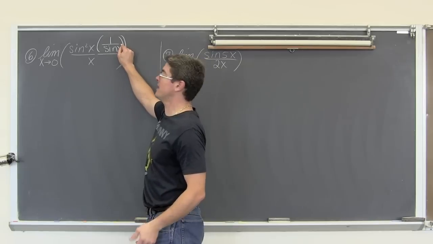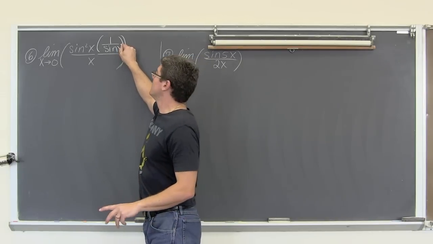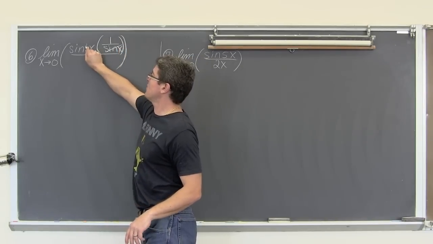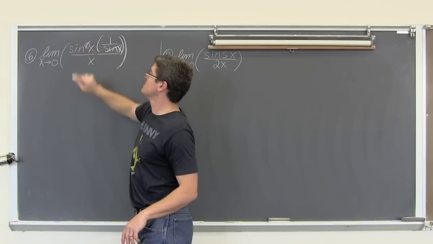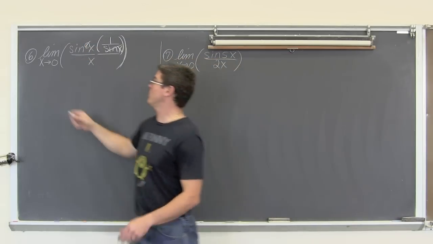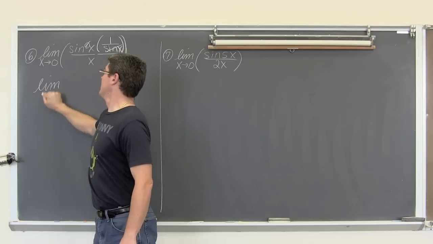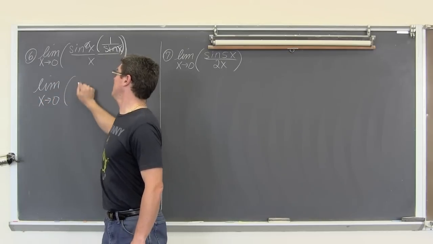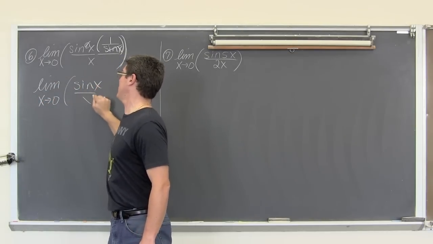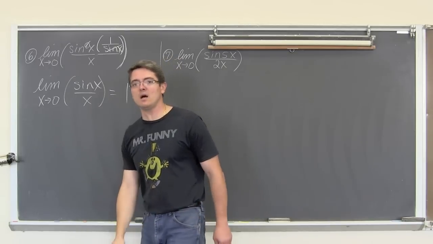The sine in the denominator from cosecant is going to cancel with one of the two sines in the numerator, and we end up with the limit as x approaches 0 of sine of x over x, and we now know that that's equal to 1.